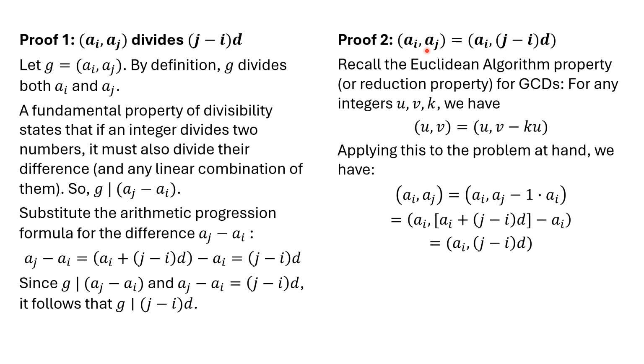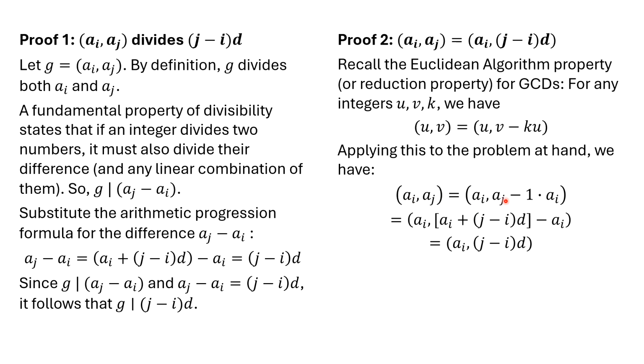Then the second statement, which I copied over here, we want to make use of the Euclidean algorithm. So for any u, v, and k, the GCD of u and v is the same as the GCD of u, v minus ku. And we'll take u to be a sub i and v to be a sub j, and k will just be 1 in this case here. So that's what I have here.